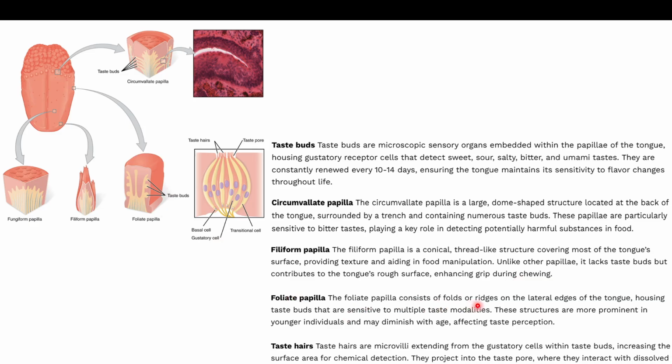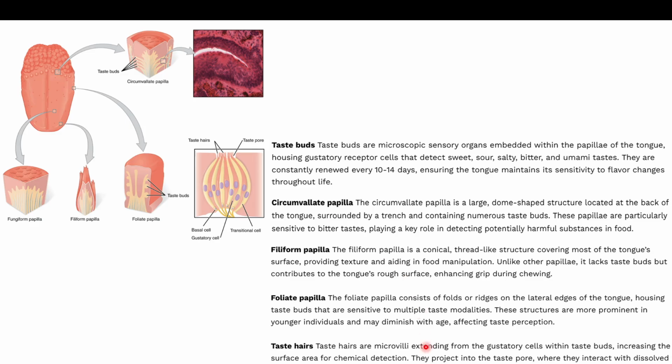It consists of folds or ridges on the lateral edges of the tongue, housing taste buds that are sensitive to multiple taste modalities. These structures are more prominent in younger individuals and may eventually disappear with age, affecting taste perception. And we have taste hairs also, which are like microvilli.